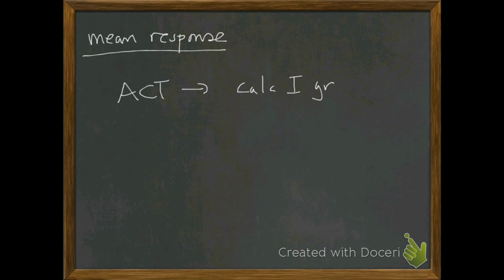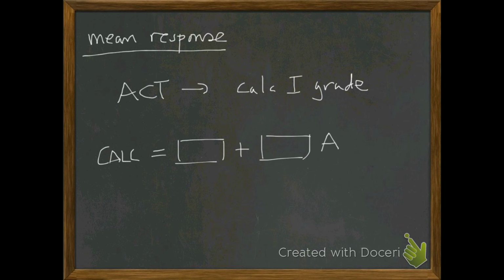Let's say we live in a fun world where everybody takes Calc 1. And you come up with some model where you have your Calc grade as some value plus some value times your ACT. And clearly we're going to call this beta 0. Clearly we're going to call this beta 1.